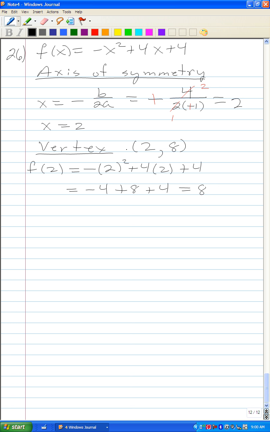Okay. a is negative 1, and so that means that this is going to be pointing down. The absolute value of a is 1. Therefore, this has the same shape as the graph of y equals x squared.